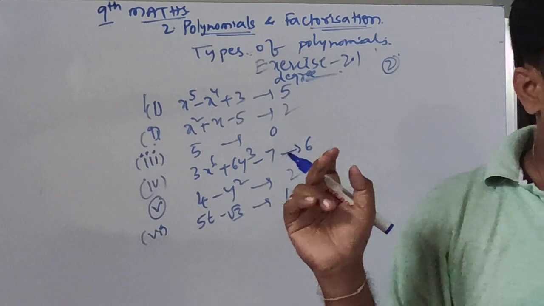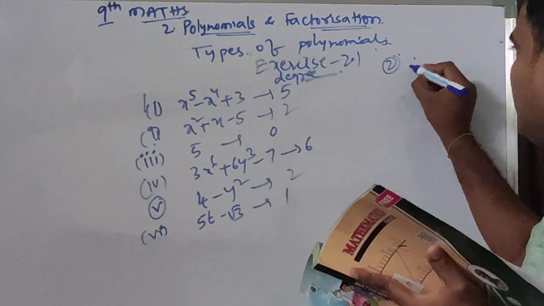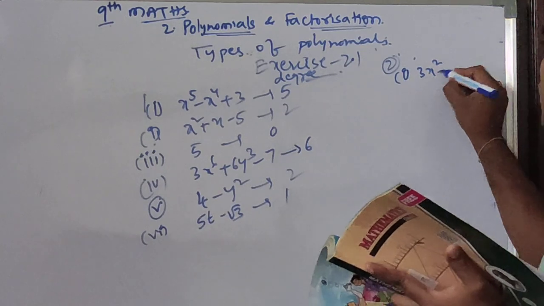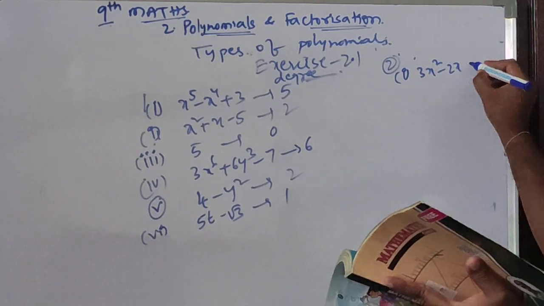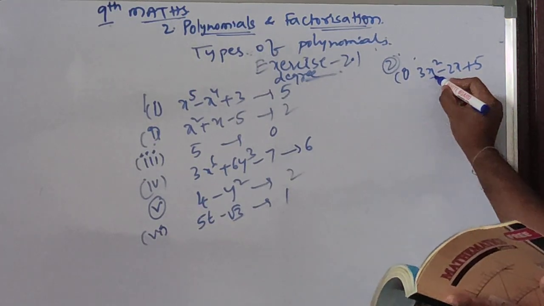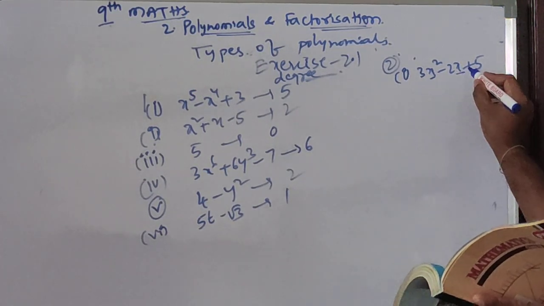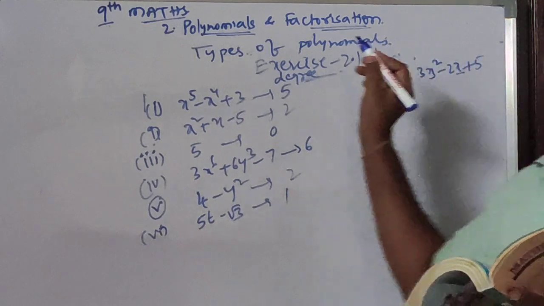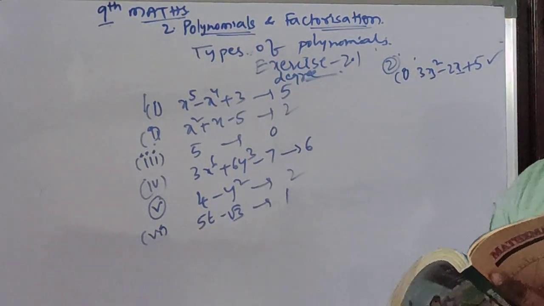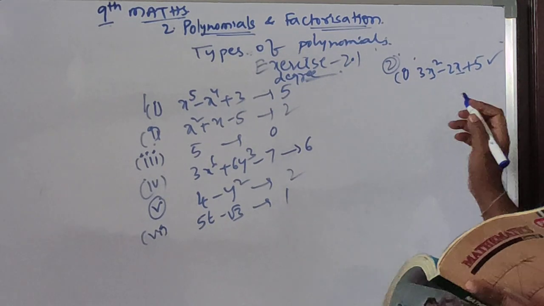Next, first one, 3x square minus 2x plus 5. So only one variable x and all powers are positive integers. So definitely it is a polynomial in single variable.